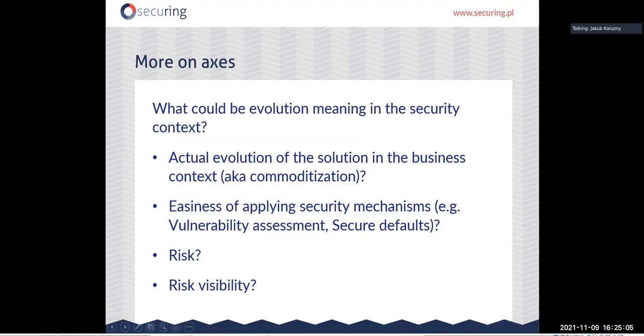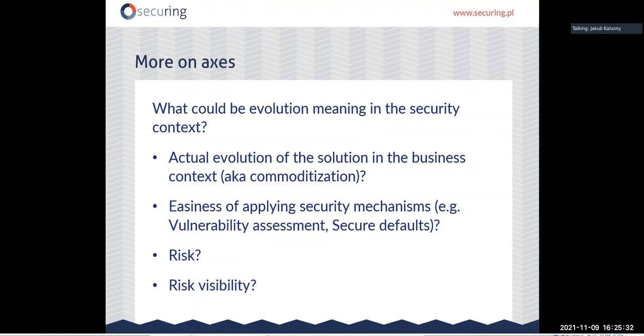So it is much easier to apply security mechanisms to new technology stacks, which usually correspond to using more cloud, more serverless solutions, right? The next idea for the x-axis would be risk. And if we log risk on the x-axis, then we are probably anchoring the threats, not the elements.